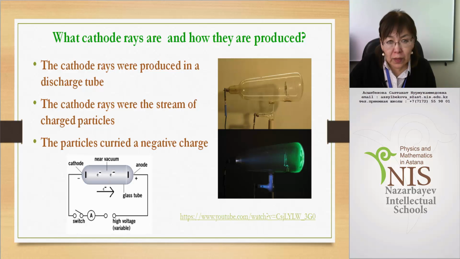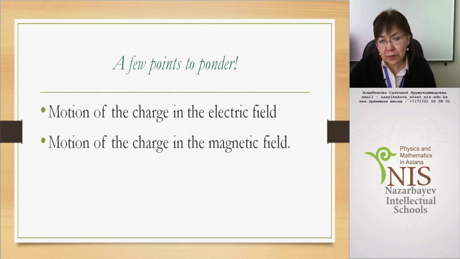So, we have to recall some very important things to go further in our consideration. These are two topics: motion of a charge in an electric field, and motion of a charge in a magnetic field.